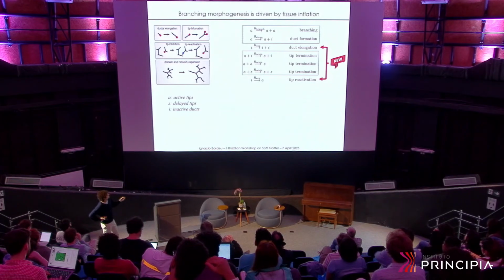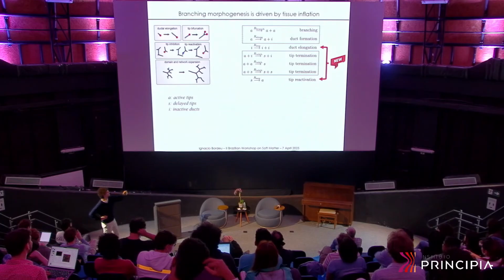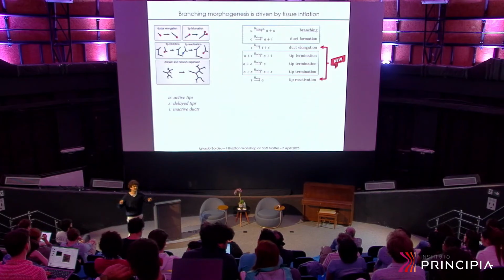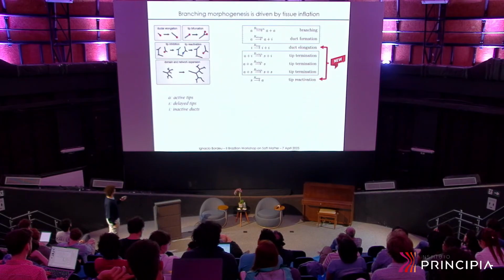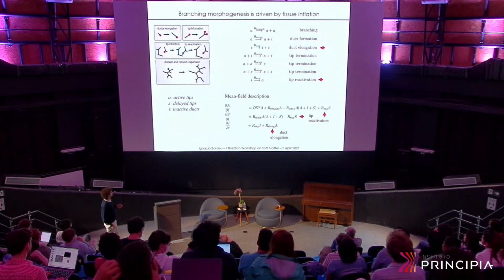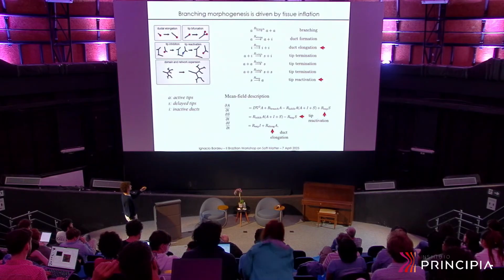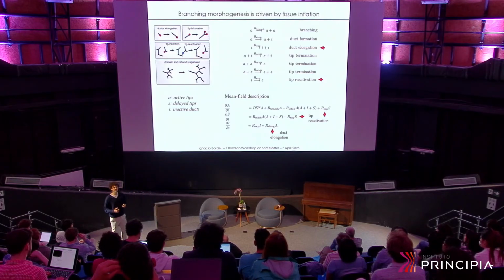Yeah, so this is the difference from the previous theory. So we have now our branching, duct deposition, tip, sorry, I'm colorblind, so it's really hard to see the red one. So then we have tip reactivation as well, and that's going to happen with a rate that is proportional to the inflation rate of the tissue. So what we can do is that we can build our set of PDEs from these equations, but here the only thing we've included is local effects of the inflation.